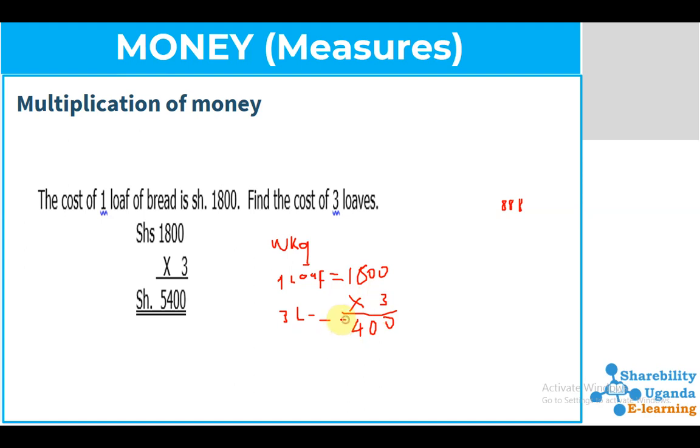This becomes 5. So you can see we have been able to get the same answer. Those are the tricks that they use while testing the learner on whether he understands the concept of multiplication in money.